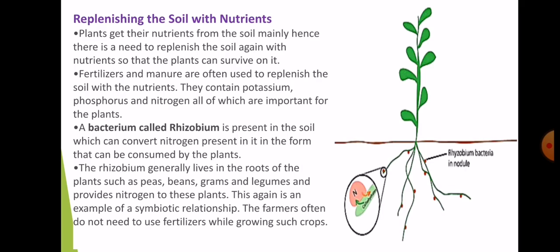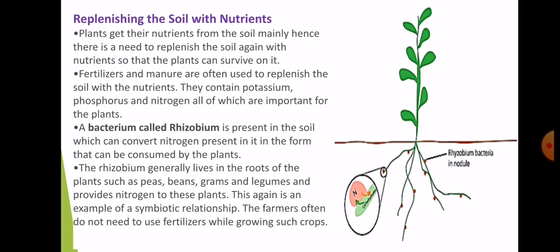So the rhizobium bacteria, which is present in the roots of some plants like peas, beans, grams, legumes, converts the atmospheric nitrogen into nitrates, and after that the nitrates can be used by the plants to make proteins and fats.